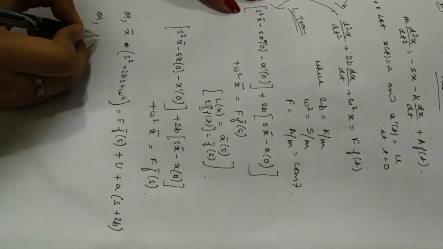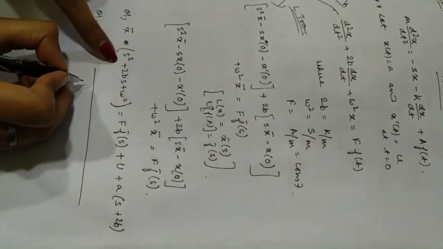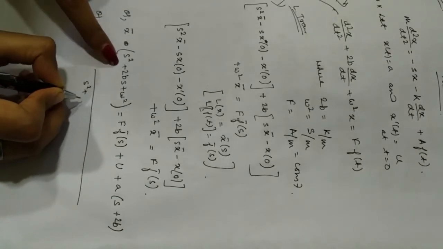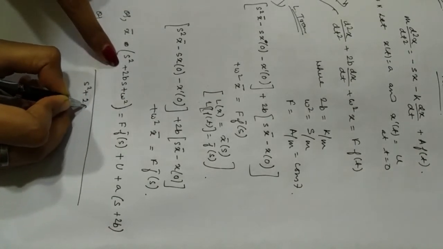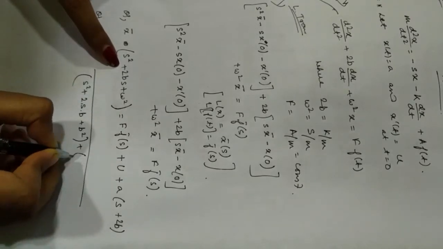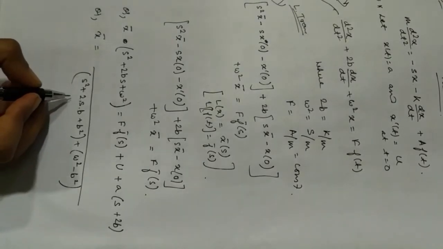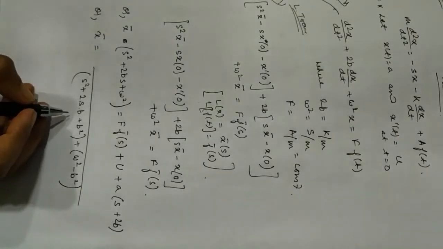Or x bar is equal to, we can write this equation as s square plus 2sb plus b square plus omega square minus b square, right? So this is nothing but the s plus b whole square form.